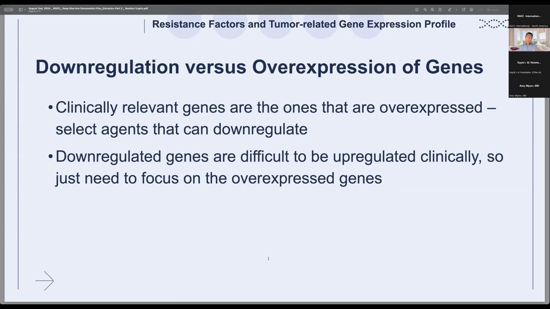So let's say that the VEGF is 55% overexpressed, and they're taking a VEGF inhibitor, a VEGF receptor inhibitor, like Avastin or bevacizumab.